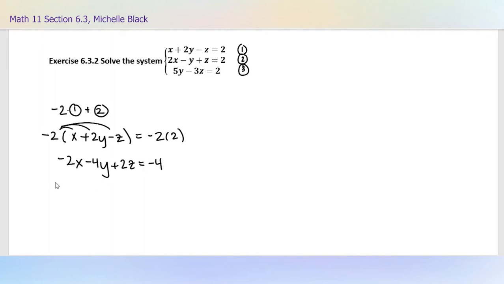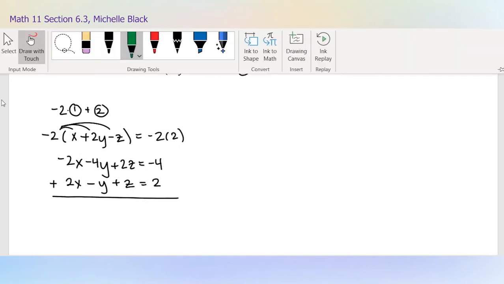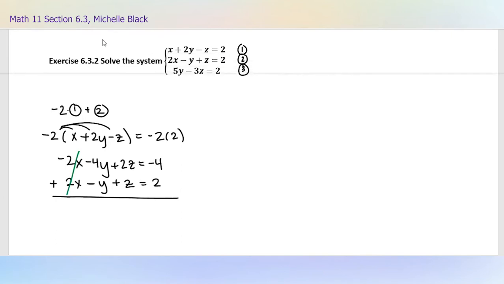And I want to add that to equation 2, which is 2x minus y plus z equals 2. Well, just like I wanted, the x's go away. And I'm left with -5y plus 3z equals -2. Okay, I'm going to call this equation 4.